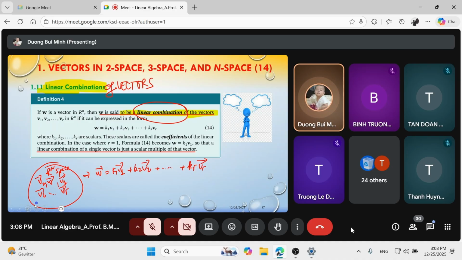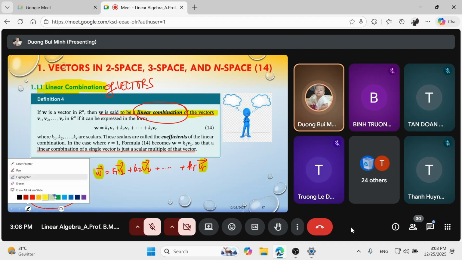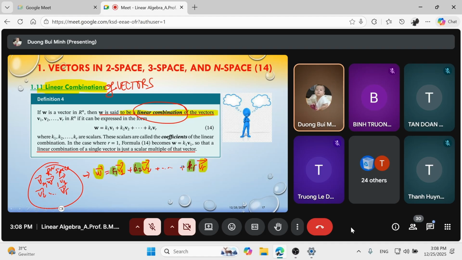Of course these are vectors, and these are coefficients. We say these are the coefficients of the linear combination.